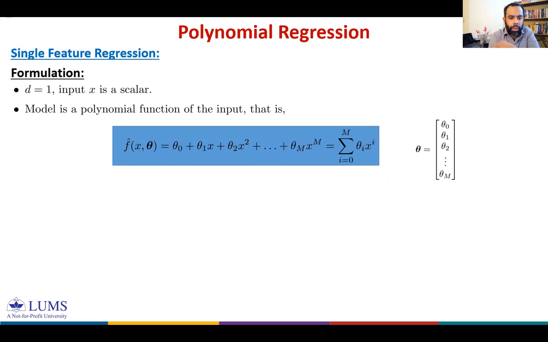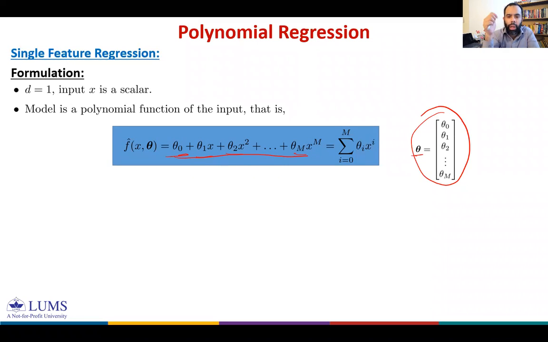Here, theta naught is again an offset. We have theta 1, theta 2, and theta m. So we have these m plus 1 number of parameters, which I have indexed in the form of a vector theta. So our model depends on this theta, right?